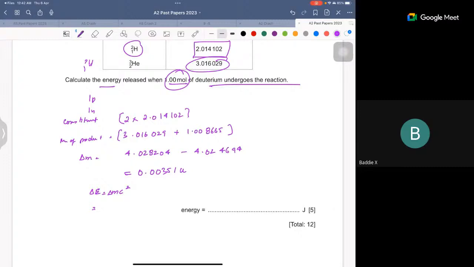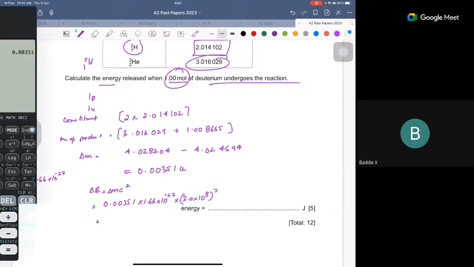So 0.00351, and you're going to convert it to kgs by multiplying by the value of U. If you don't know, U is 1.66 times 10 raised to minus 27. It's also written in the back. Times 3.0 times 10 raised to 8 whole squared. So what do you get then?